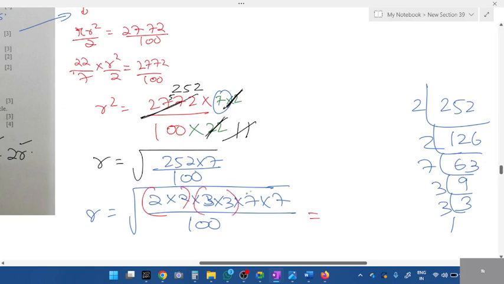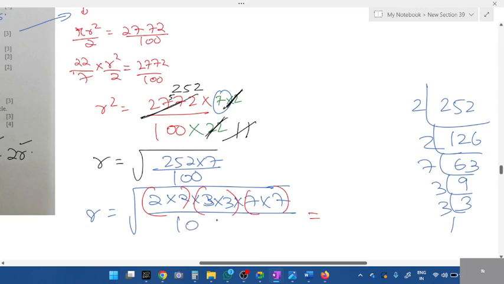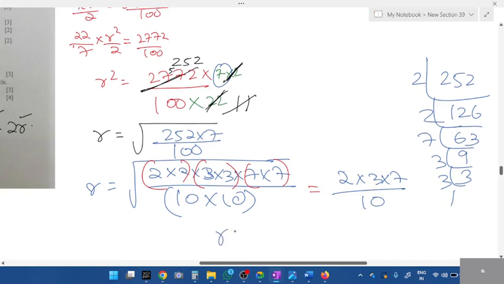You have to pair 2 same numbers. What's the square root of 100? I'll write it as 10 into 10. I'll pair this. Now look here, 2 into 3 into 7 I'll take out, divided by 10. So 2 threes are 6, 6 sevens are 42. Radius is equals to 42 divided by 10, or 4.2.